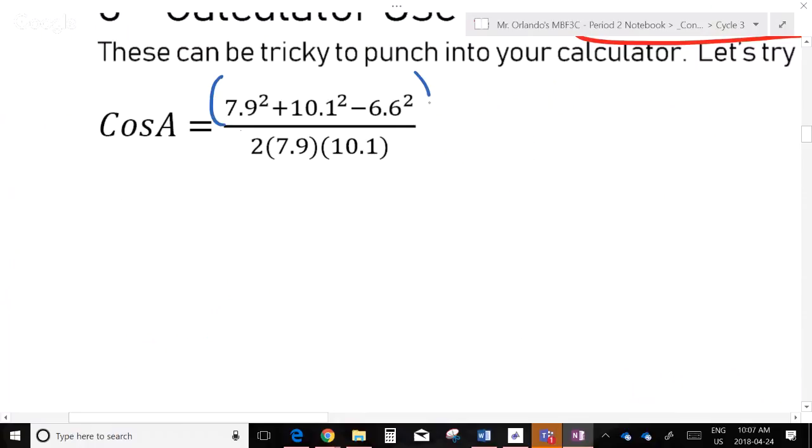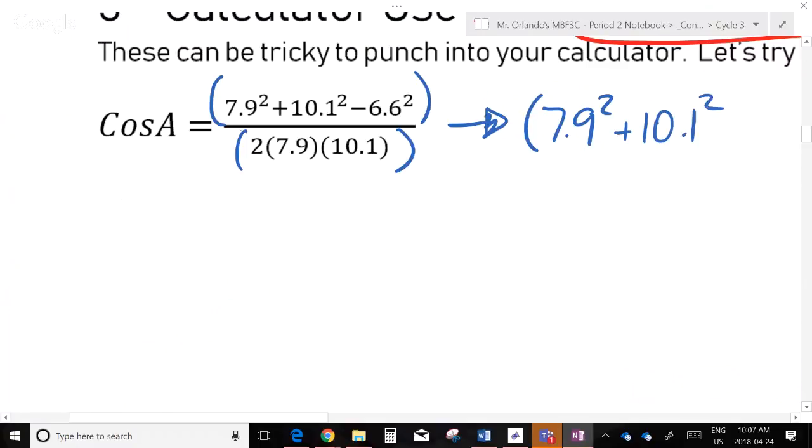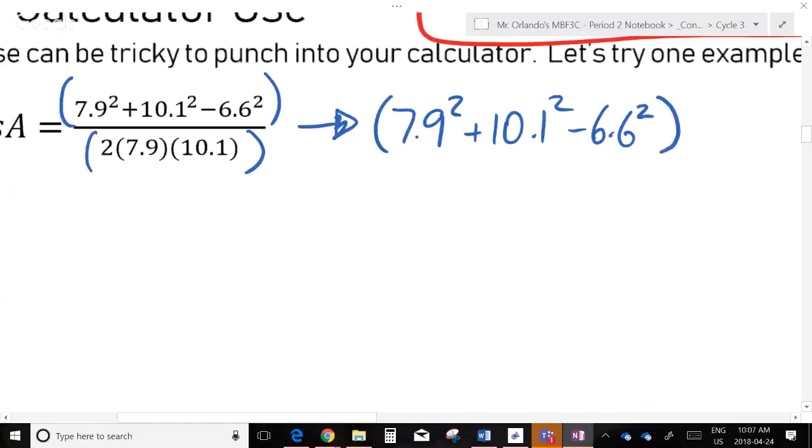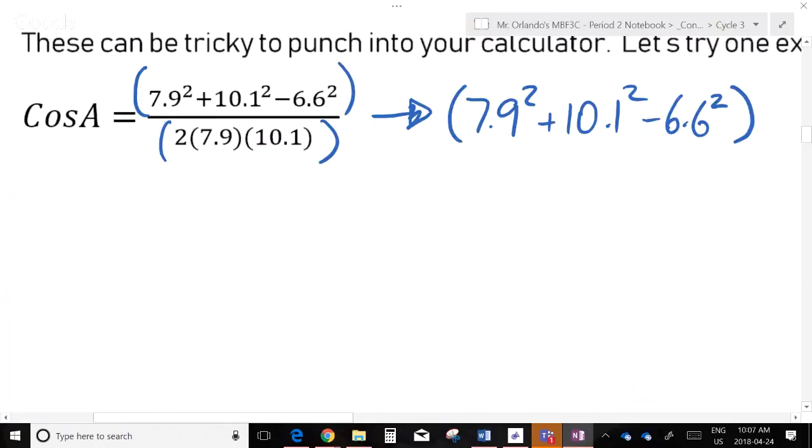So let me show you. The first thing I do to help myself on the inside is I'm going to put brackets around them here. And it might not be a bad idea the first few times you do it to write it out like this. 7.9 squared plus 10.1 squared minus 6.6 squared. And I put a bracket around that whole thing because that's the top of this fraction.